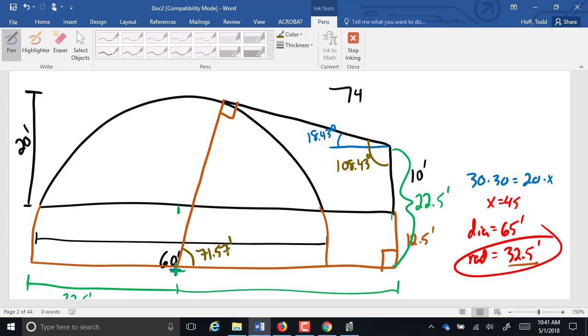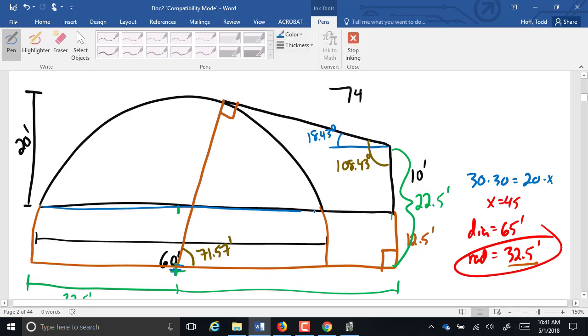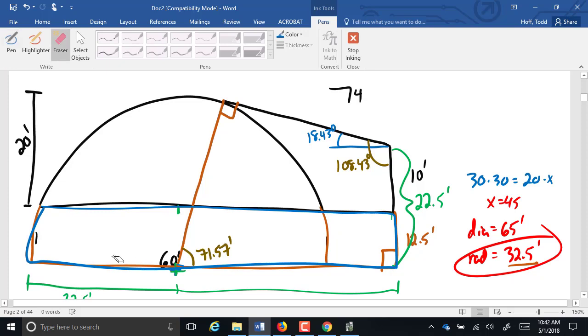And now it's just like what we did before. The problem is once we find the area of this, we've got to subtract out this extra piece down here. This one down here, that was the 60 feet line.